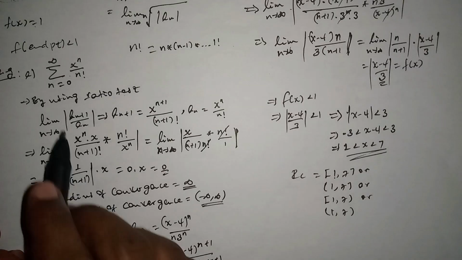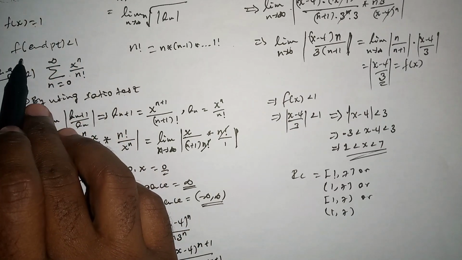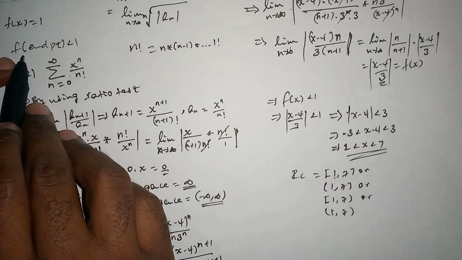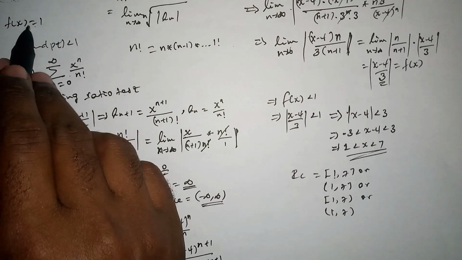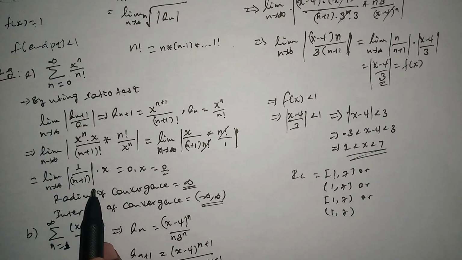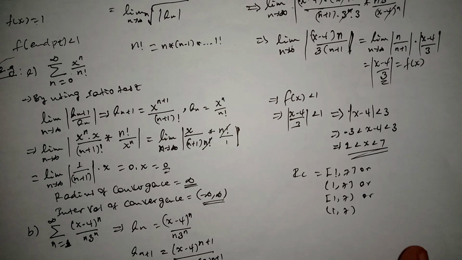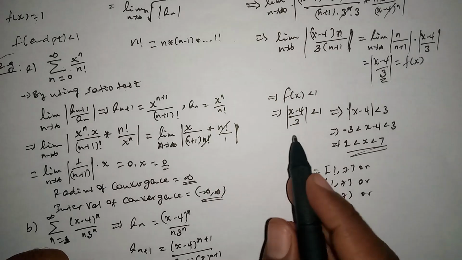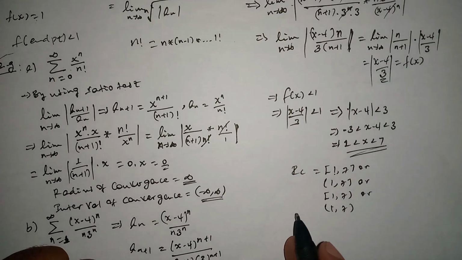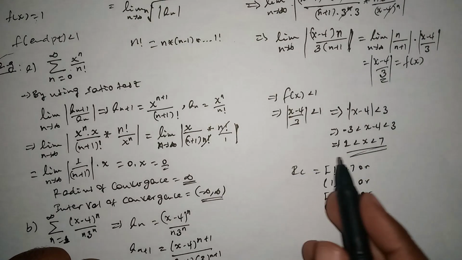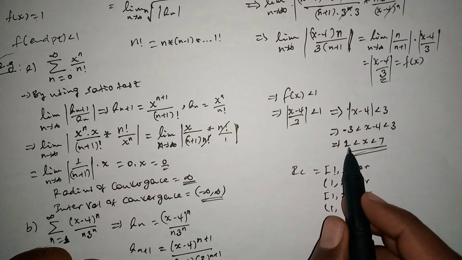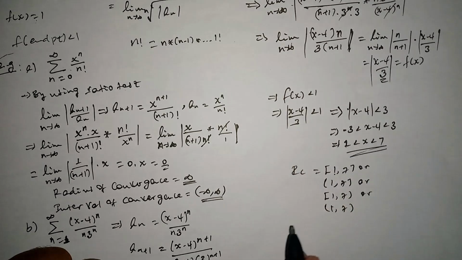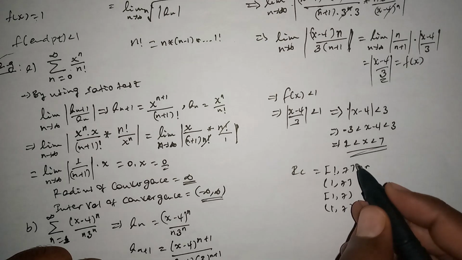Besides this, we said we have to test the endpoints, where f of x equals 1. So let me check the endpoints separately. Here the value of x is 1. I'm going to take two cases.